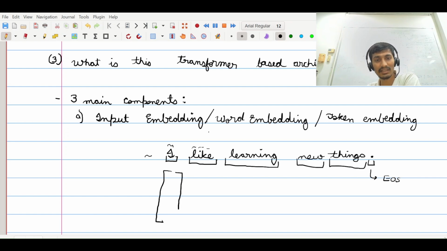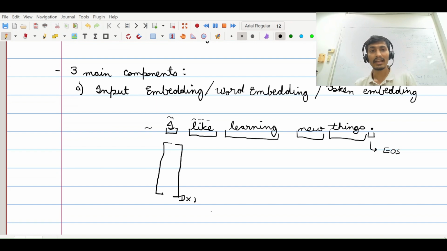Because a scalar is not enough. This is a d cross 1 vector, where d is some number, suppose 100, 1000, whatever. People have experimented with this value of d. They might have chosen a scalar, but they found that if you keep the dimension of the input vector larger, the properties which you want to see and the ideas which you can capture are richer.